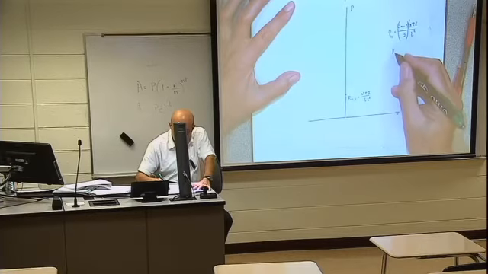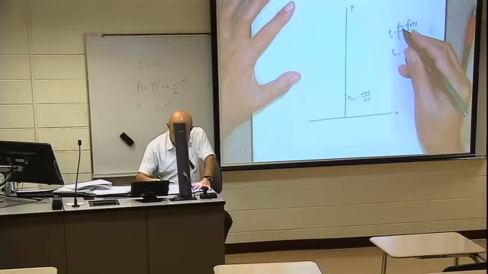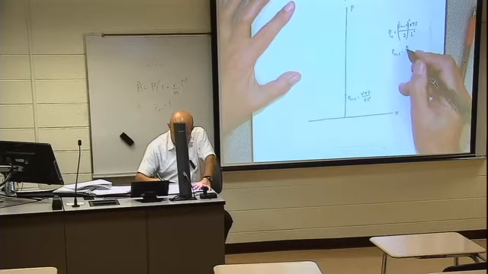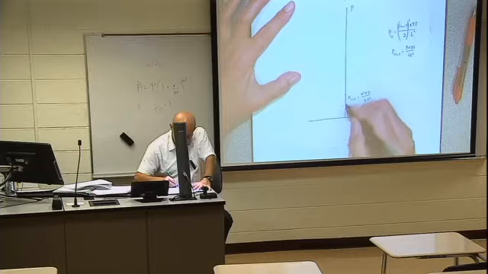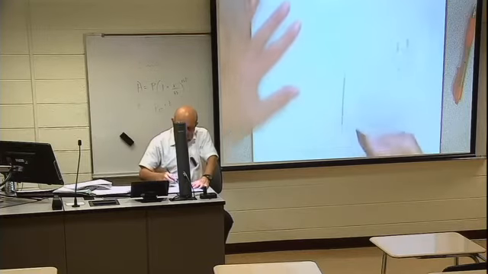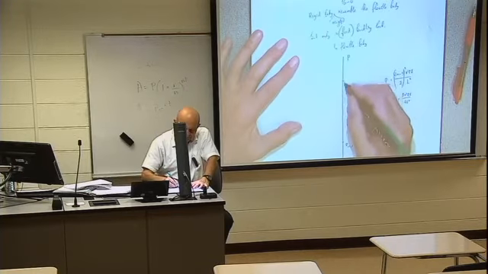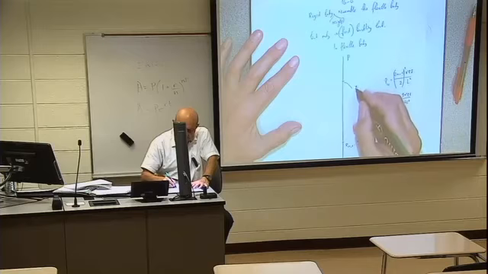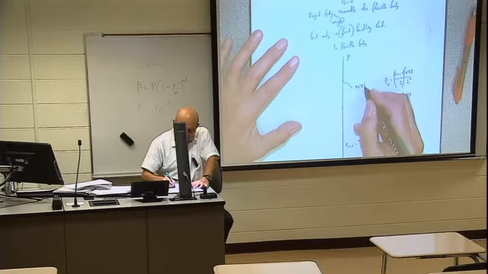So P critical 2 equals, with n equal to 2, 2 times 2 minus 1 is 3, so that is 9 pi squared EI over 4L squared. So that is 9 times bigger. So that is somewhere here. Okay? 9 pi squared EI over 4L squared.